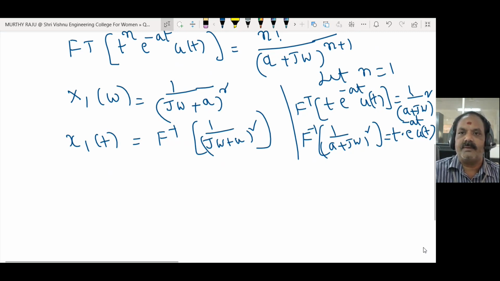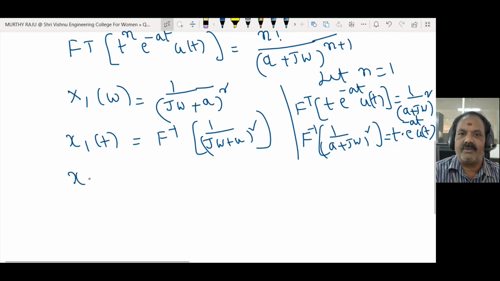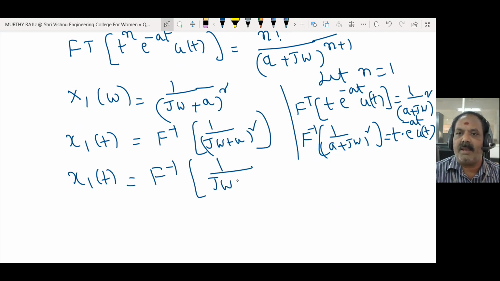Therefore, X1 of t is equal to the inverse Fourier transform of 1 by (j omega plus 2) whole square. Here a is equal to 2.